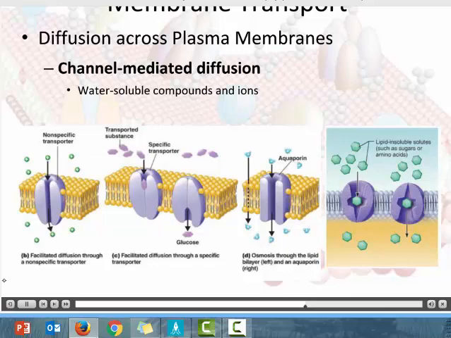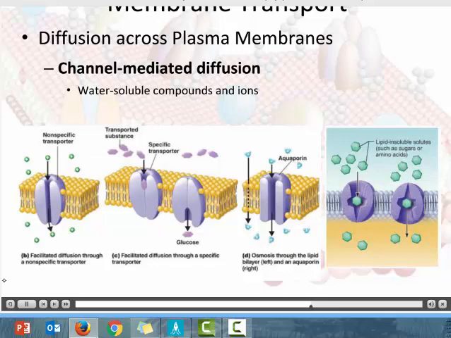It is still diffusion, so it is going to be passive, and we are going to move substances down their concentration gradients, but these are going to be substances that need a little bit of help in order to do that. They can't just pass through the middle of the plasma membrane. They are going to pass through a protein.